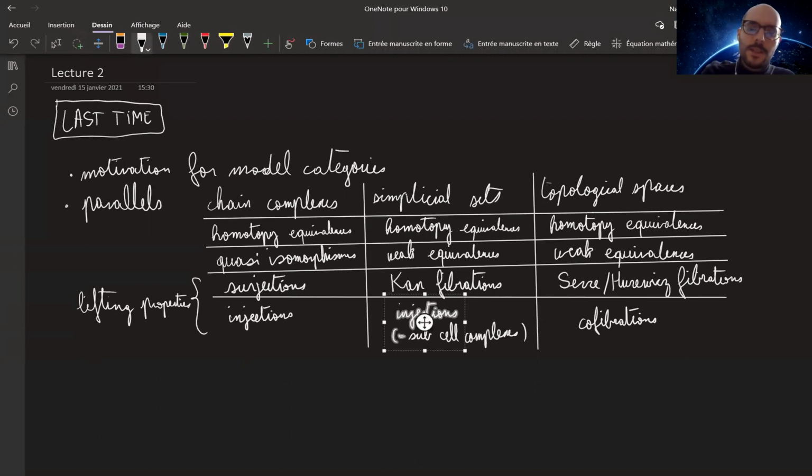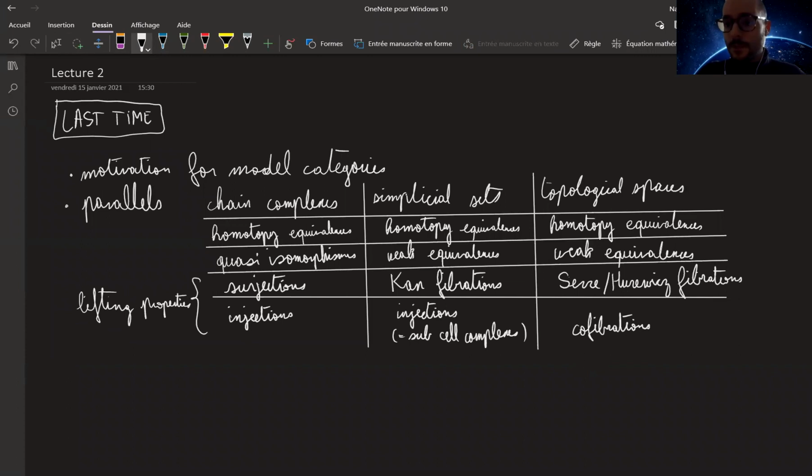And for simplicial sets, I didn't really talk about it, but you can also think about injections, because an injection of simplicial sets on geometric realization becomes a subcell complex, and subcomplexes are precisely, well, more or less cofibrations in topological spaces. So we have this whole analogy between these three cases.